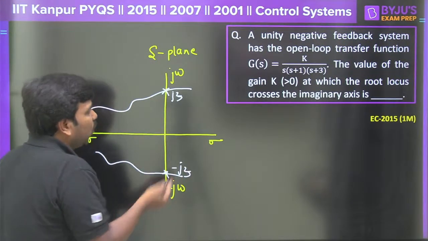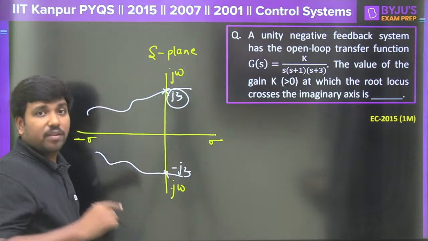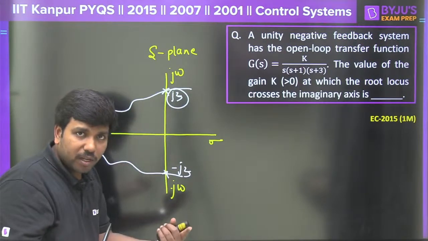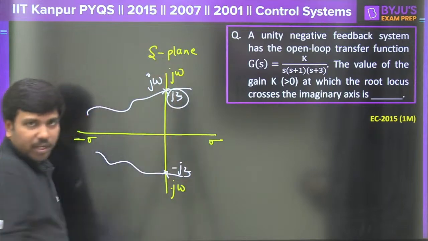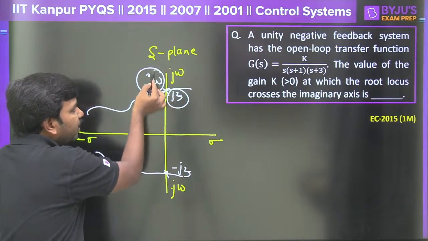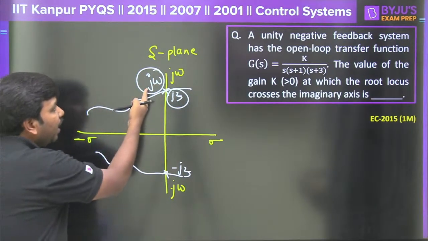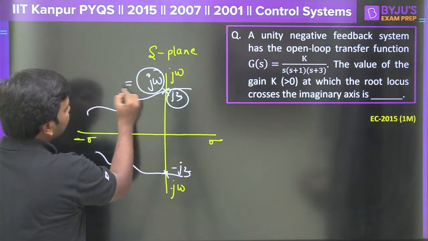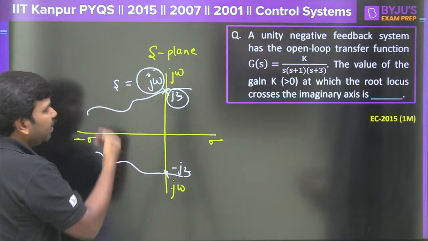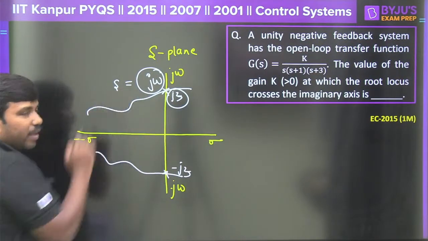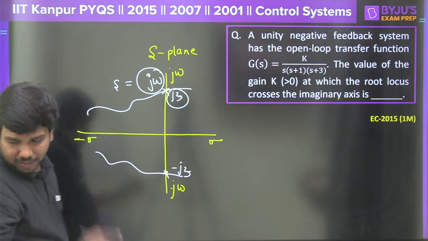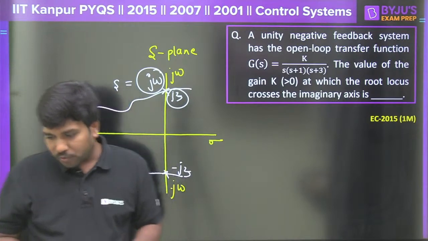As we don't know whether it is j into root 3 or j into root 2 or j into root 1, we will take this as j into omega. Clear? So we will take this as a generalized value of j omega, and obviously this is equal to s here. Any value on the s plane is an s value only. So when I take this as j omega, I will consider s is equal to j omega in the characteristic equation. Clear? So that's the whole point.